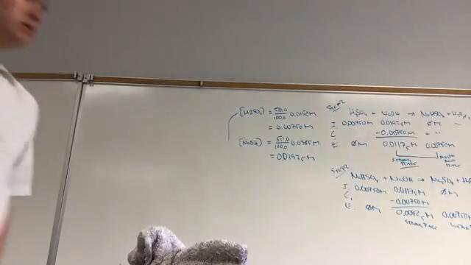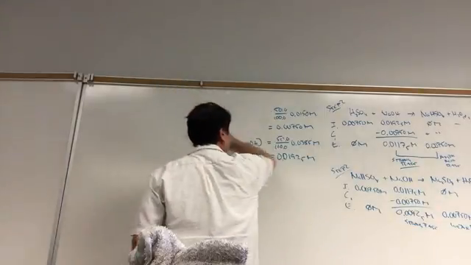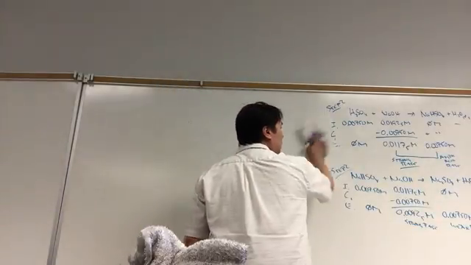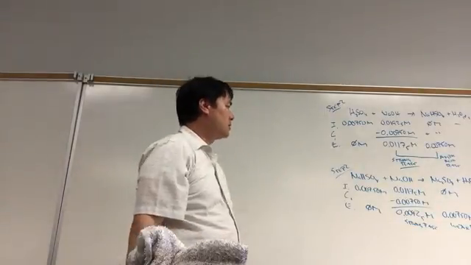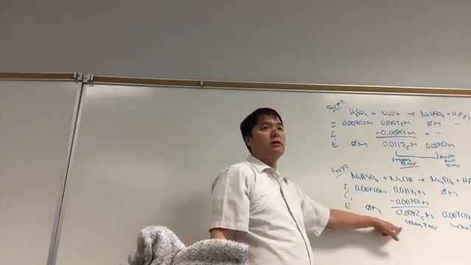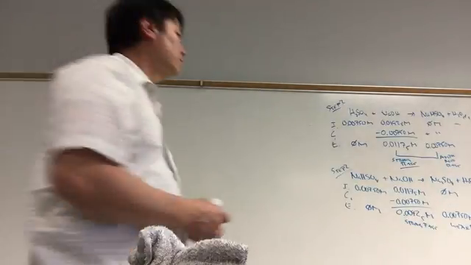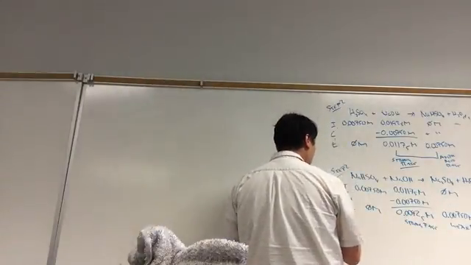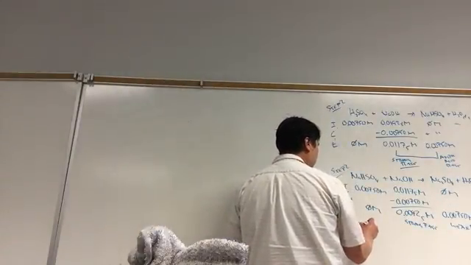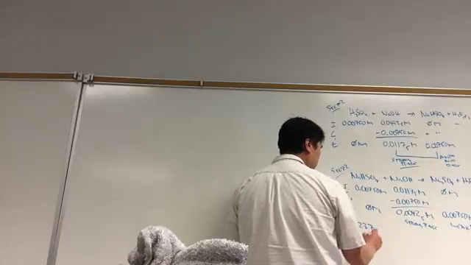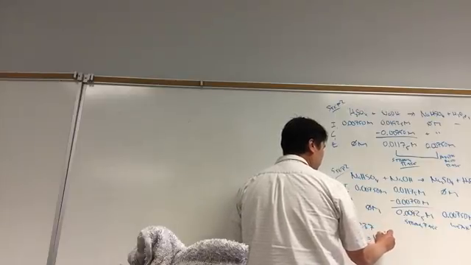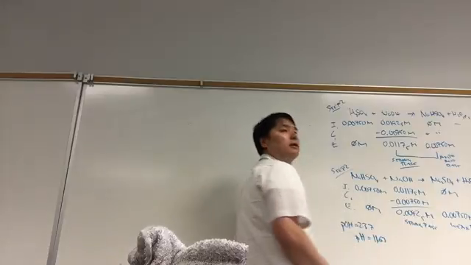All right, since I do it the same way, let's try something else. What does the pH of this come out to? The pOH is 2.37, and therefore the pH is 11.63. Is that correct? Yeah.